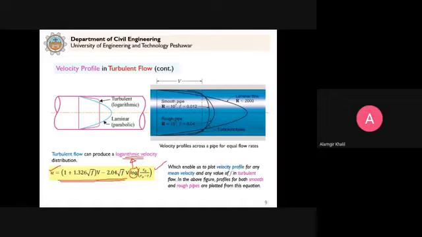We only use this equation in the problems to calculate the velocity at any distance r from the center line of the pipe. Clear? So in turbulent flow, it follows a logarithmic velocity profile, and in laminar flow, the parabolic velocity profile is followed.